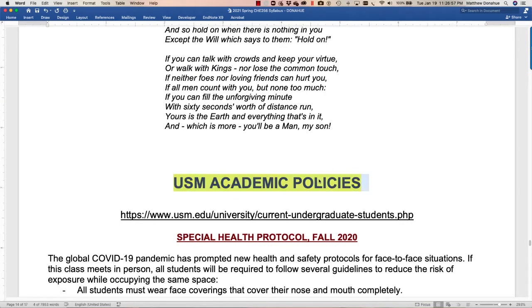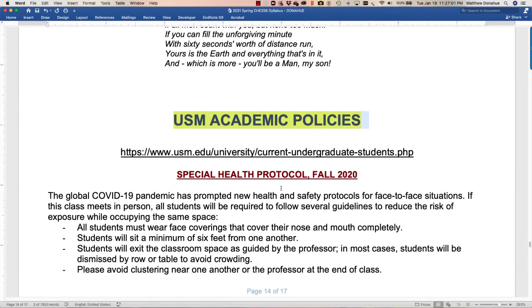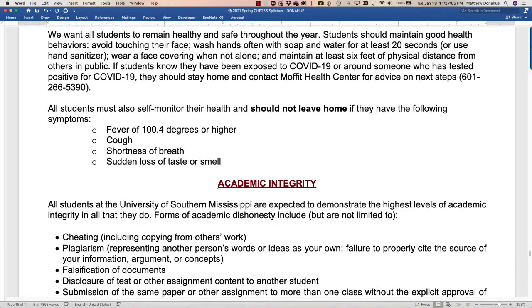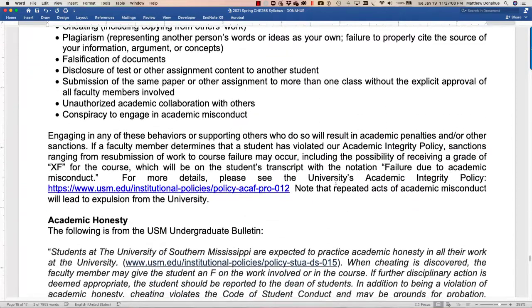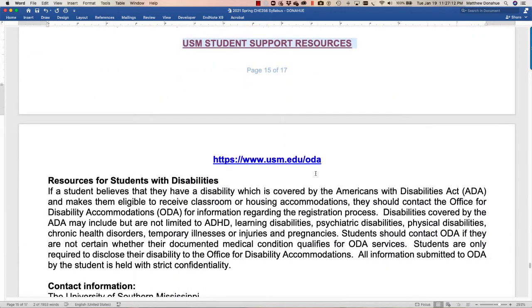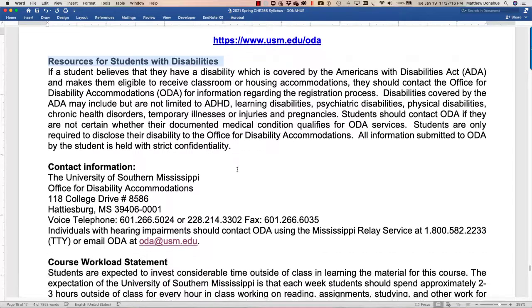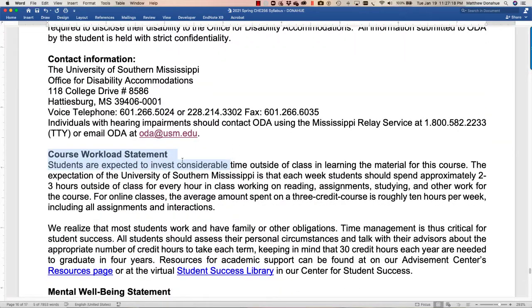Here are the USM Academic Policies, and I'll leave it to you to read all of these. So here's a health protocol due to COVID, academic integrity, USM support services, resources for students with disabilities, course workload statement.